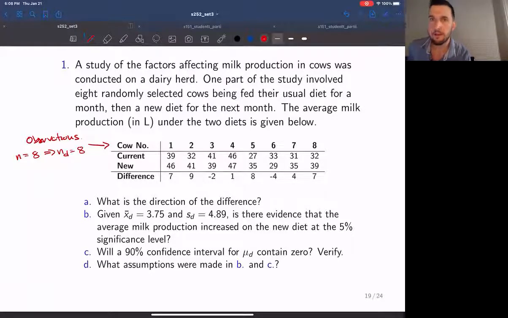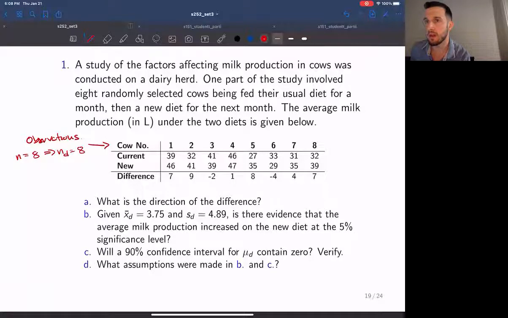Each cow is fed one type of diet for a month, and over that month, their milk production is calculated. In 1 month, they are fed the current diet, and then in the next month, they are fed the new diet. Each month on each diet, the milk production for the cow is measured.